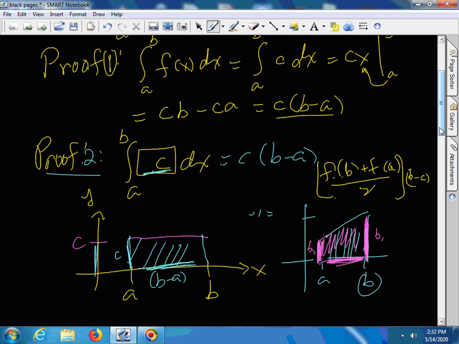That's exactly what you would get if you found the equation of this line and you integrated it from a to b.